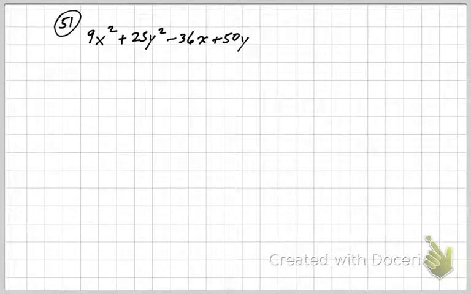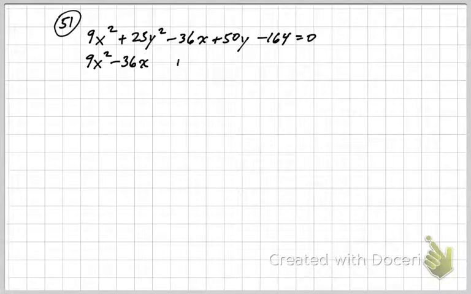9x squared plus 25y squared minus 36x plus 50y. Okay, guaranteed quiz question, and everybody's aware of this, right? 9x squared minus 36x, 25y squared, 50y.